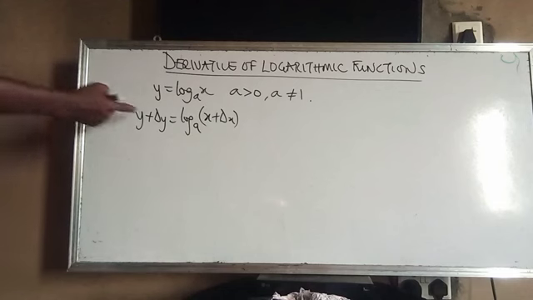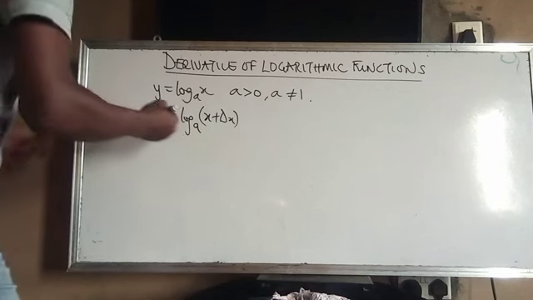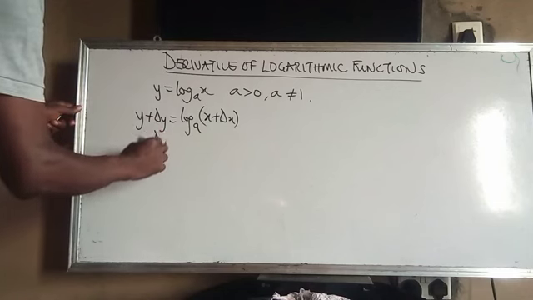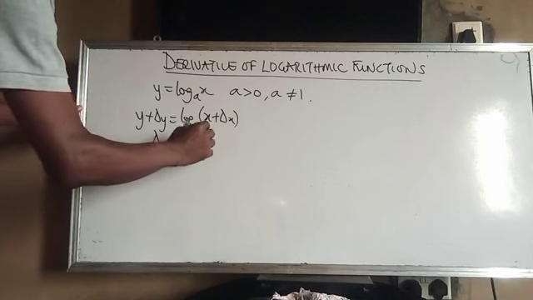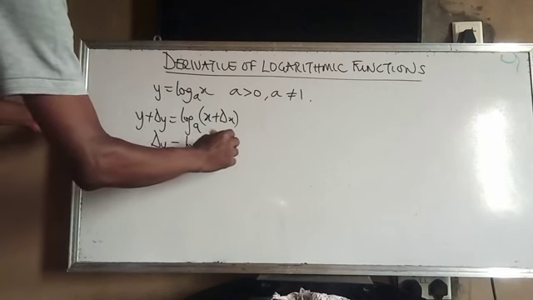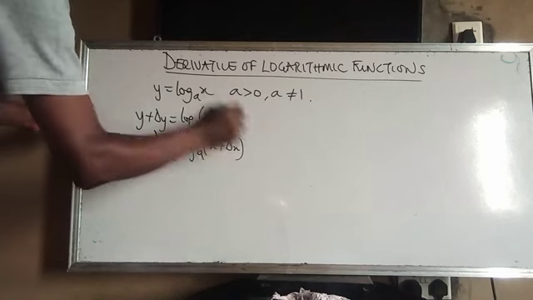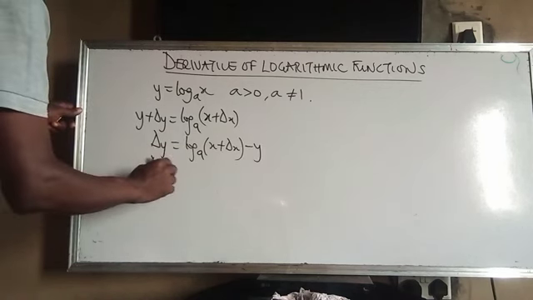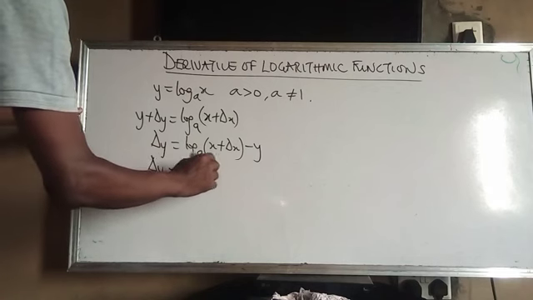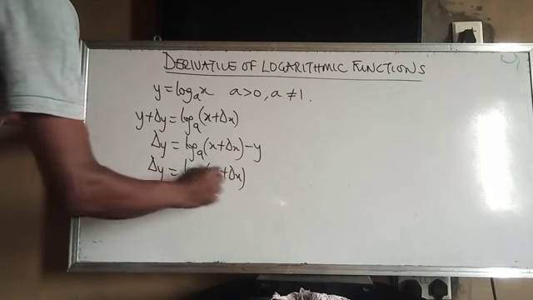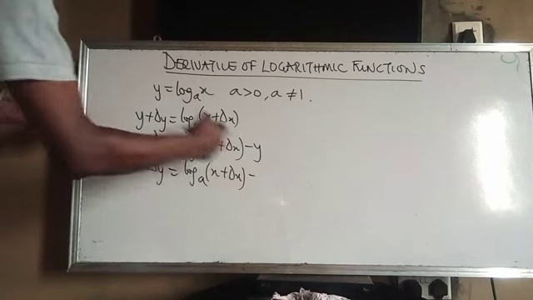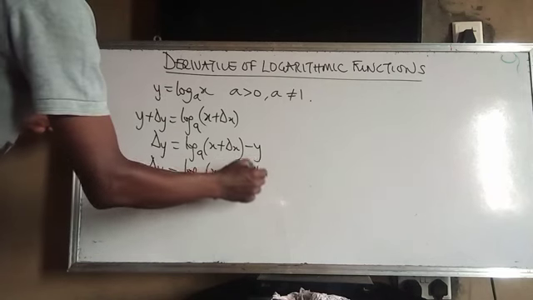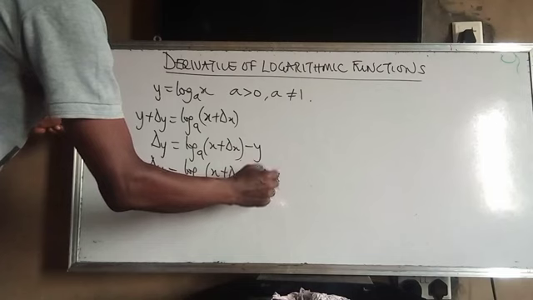Okay, so if you make change in y the subject of the formula here, you have change in y equals log of x plus change in x base a, minus y. That will give us change in y equals log of x plus change in x base a, minus our y here, which as given is log x base a.